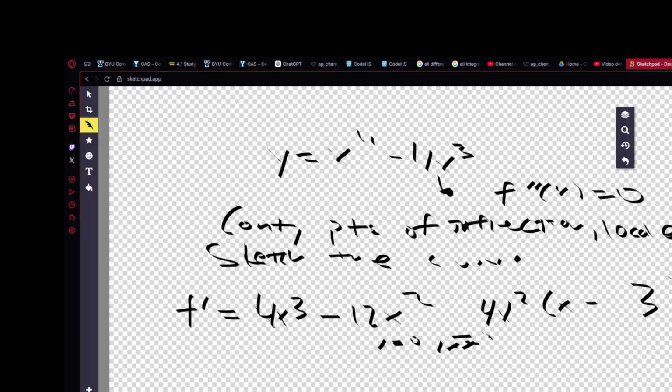Alright, so first let's find the local minima and maxima. We'll draw a number line. Since 0 is here, let's just say that's -1, 0, and that's x equals 3.